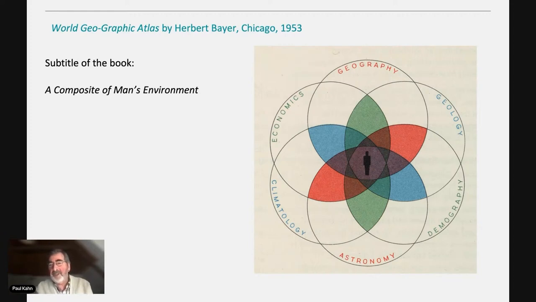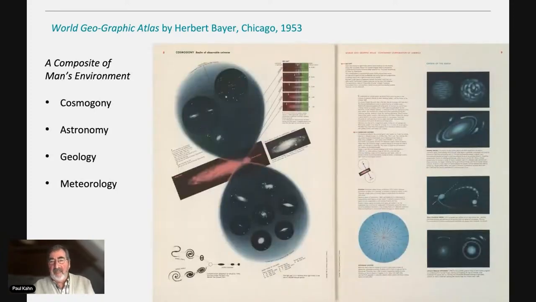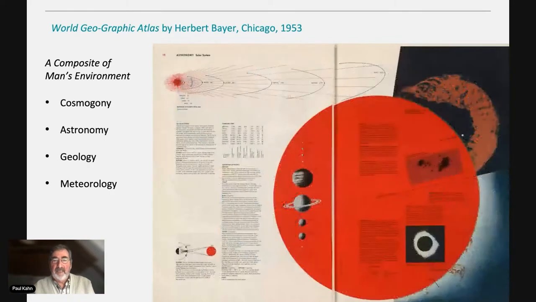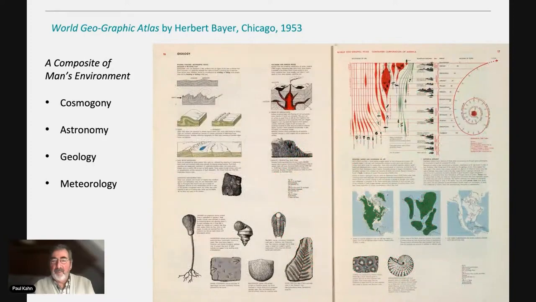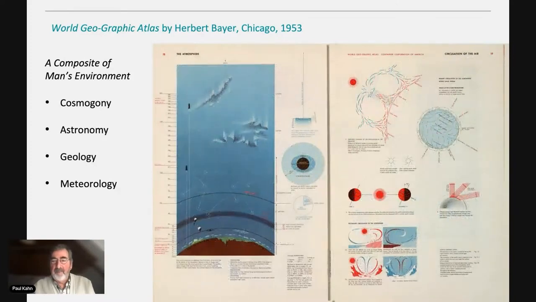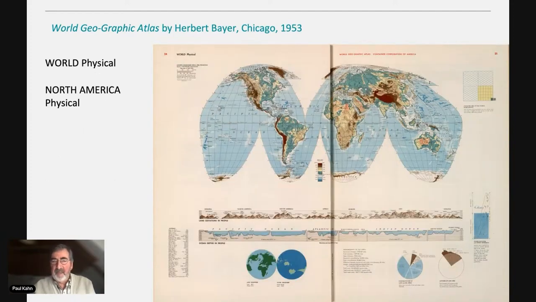He's combining geography and geology and climatology, but he's also including economics and demographics in his view of the entire world. He begins this book with similarly very scientific diagrams, this one on cosmogony, astronomy and geology, as well as this one on meteorology.